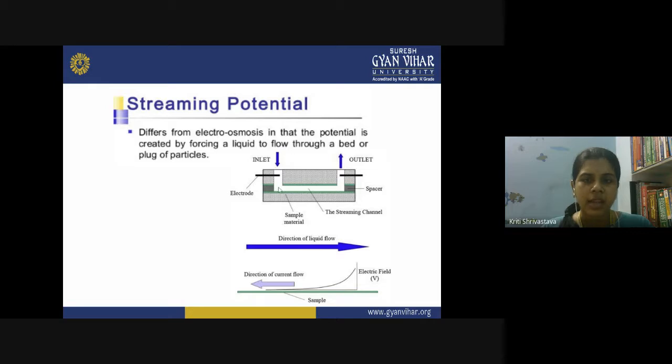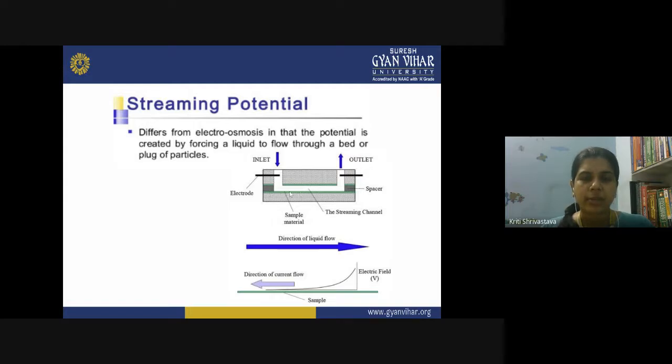In this manner, the colloidal solution is passing over a bed of already plugged particles, and these particles may have certain charge. Because the colloid also has charged particles and they are also present on the bed, the potential developed is called the streaming potential.